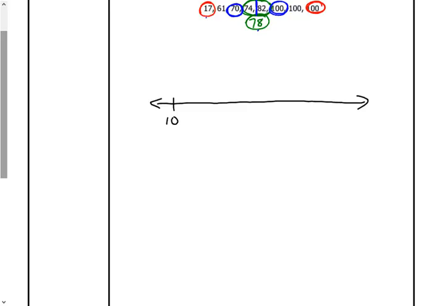And the highest is 100, so let's go to 110. I'm going to count this by tens. 20, 30, 40, 50, 60, 70, 80, 90. So you can see I'm off a little bit. 100, 110. There we go.